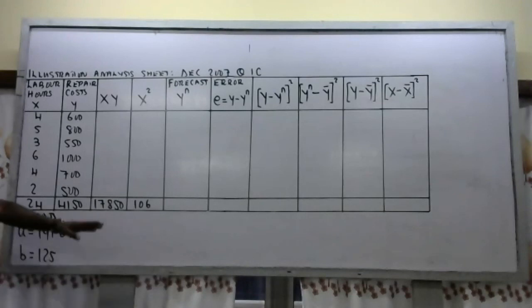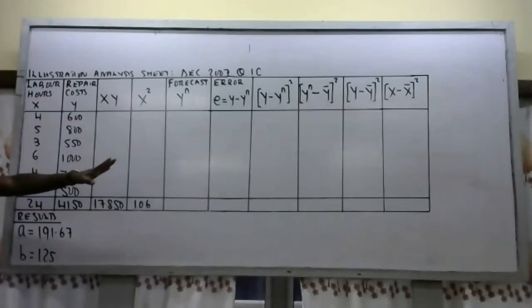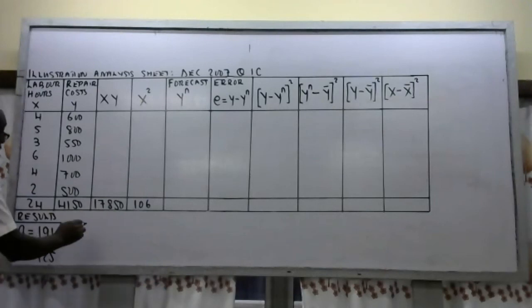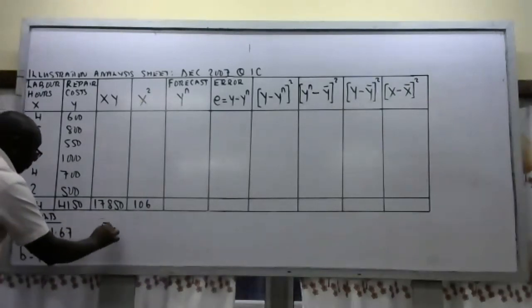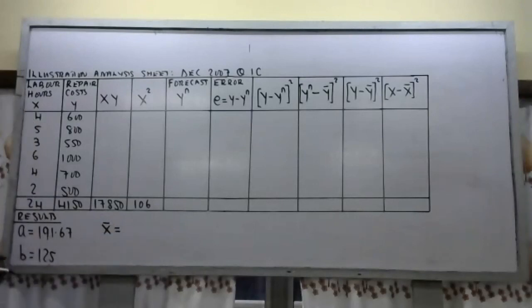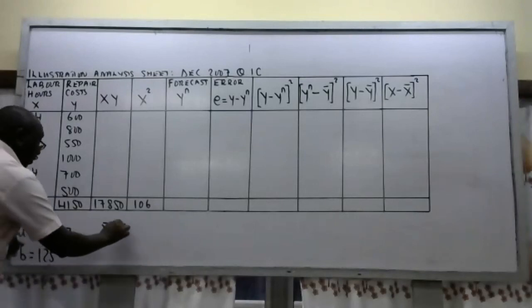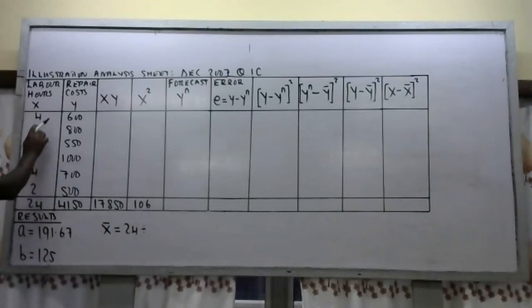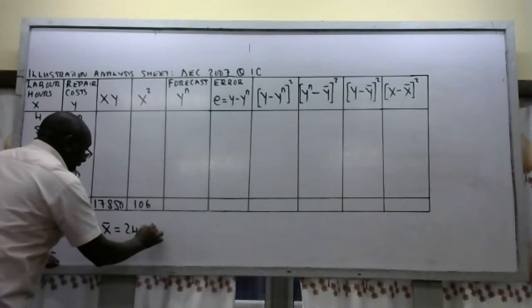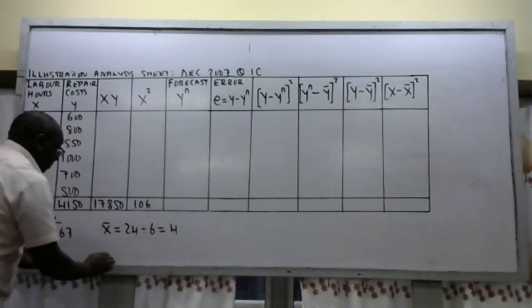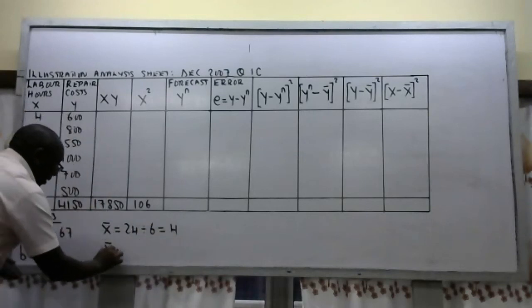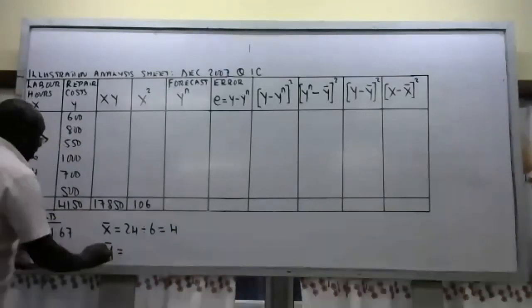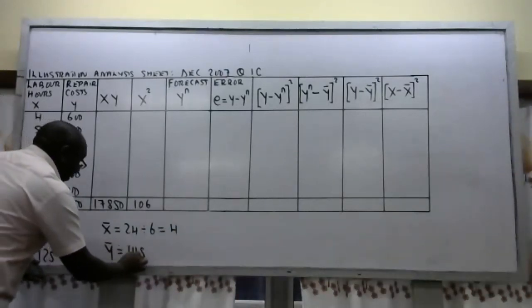If you want to verify, follow the normal regression procedure we used for the other question. Then there is something else we call x bar. Maybe x bar is the mean. So if 24 you divide by, these values are 1, 2, 3, 4, 5, 6, so if you divide by 6, that will give you 4. And then y bar is 4150.